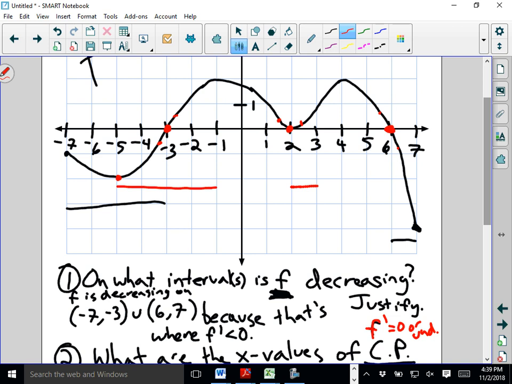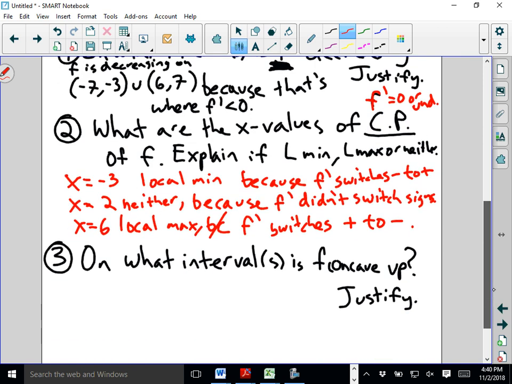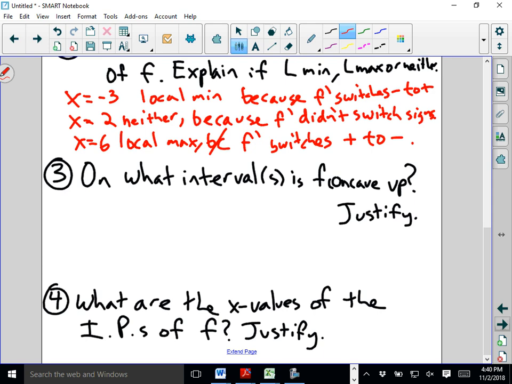So I'm going to report those two intervals, -5 to -1, union 2 to 4. F is concave up on -5 to -1, union 2 to 4.